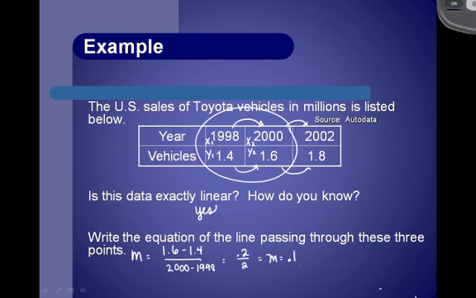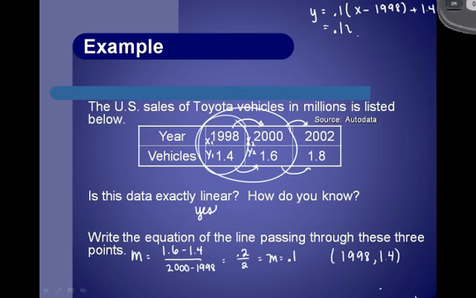To find the rest of the equation, we need to choose one of those points, so we'll just choose the first one, which is the ordered pair 1998 and 1.4. And we want to use the point slope formula to find that equation of a line. Now I'm just going to go up here to the top. So we get y equals the slope, which is 0.1, times x minus the x value, which is 1998, plus the y value.